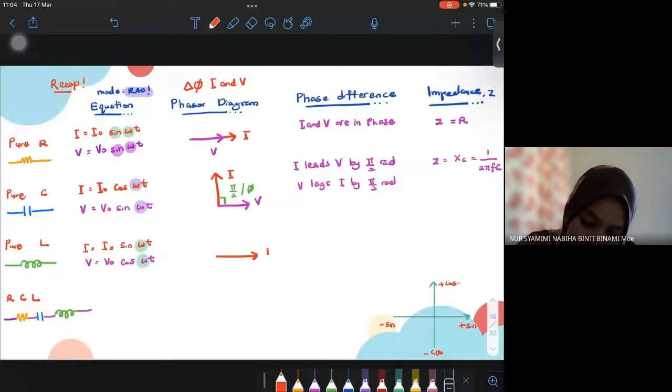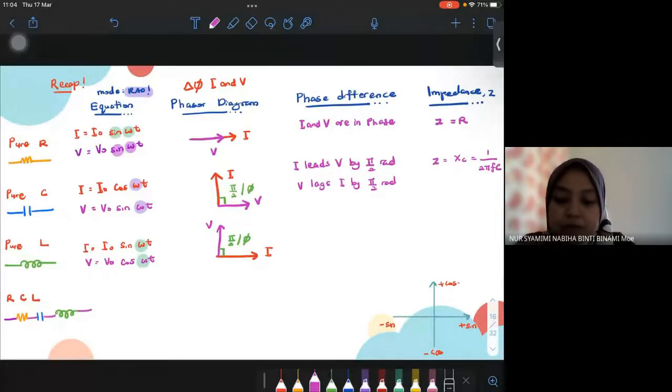This is my I. Dan positive cos dia akan berada di atas. Dia ada phase difference sebanyak pi over 2 radian. So the phase difference kita boleh tulis dekat sini, V leads I by pi over 2 radian ataupun I lags V by pi over 2 radian.